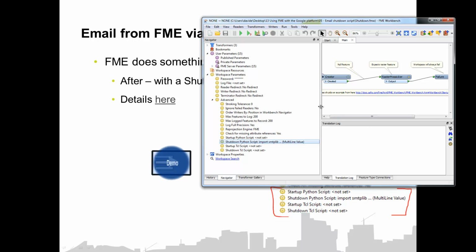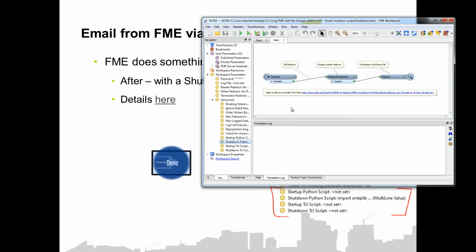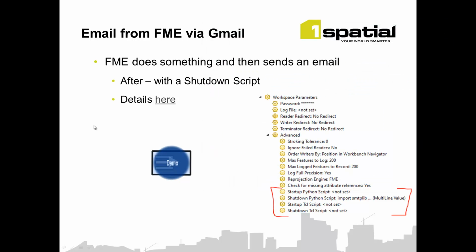In this case, I've created a process that guarantees that it's going to fail, so I'm sending a null geometry to a raster mosaic, which expects a raster feature, which means that the process will fail, and as soon as it fails, it will run the Python script and it will attach the log file onto the email and send it to the person at the other end. So if you've kicked a process off on a Friday night and you want to know if over the weekend that it actually finished successfully, then this might be an example that is useful for you.